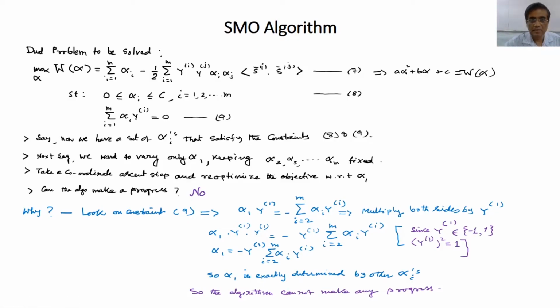You remember, by differentiating with respect to b and making it 0, we got this condition. So these are my raw materials for running the algorithm.